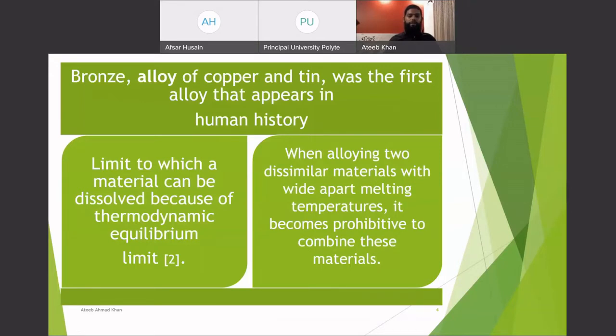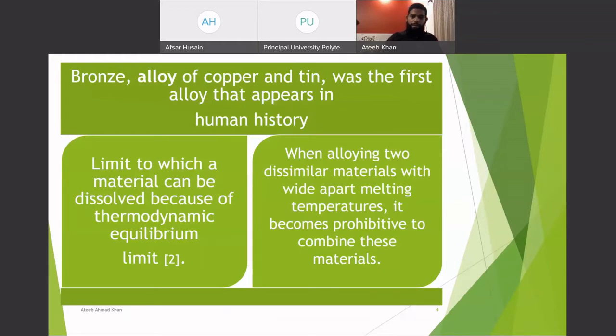of these two materials. Now again, this problem of wide apart melting points can be solved by using a technique known as powder metallurgy. In powder metallurgy, we take powders of both the materials, weigh them, and mix them together, and then we go for ramming and then for sintering of the material.